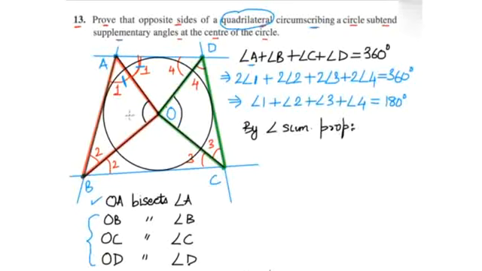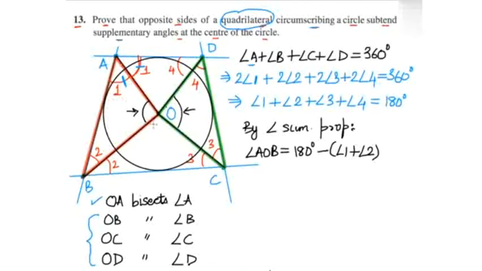We are going to write expressions for angle AOB and angle COD. Angle AOB we can write as 180 degrees minus the sum of the other two angles, so 180 degrees minus (angle 1 plus angle 2).